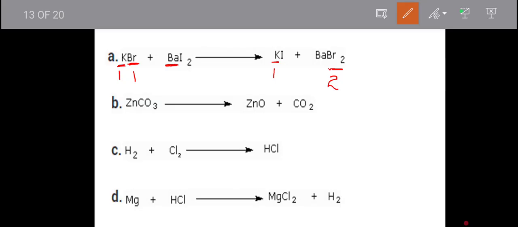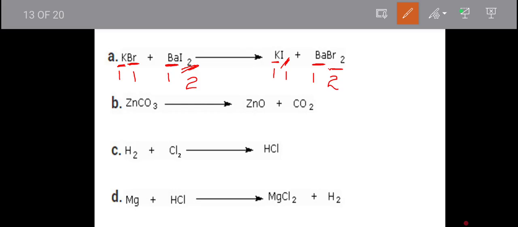Barium here you can see 1. On the product side also barium is 1. Now I2, iodine: you have 2 iodine on the reactant side, but you have only 1 iodine on the product side. So you got an idea, right?